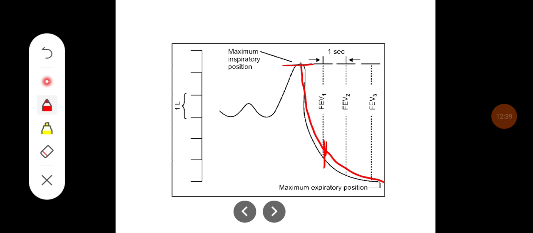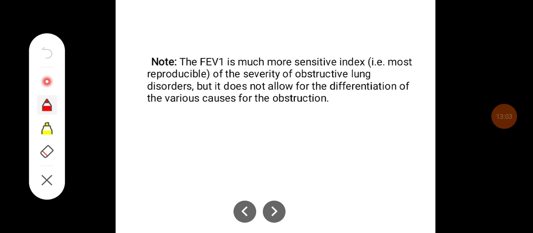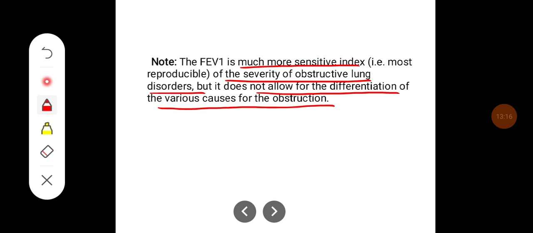Almost more than 80% of the air is expelled in the first second, 95% of the FVC is expelled in the second second, and almost 99% of the FVC is expelled in the third second. Note that FEV1 is a much more sensitive index of severity of obstructive lung disorders, but it does not allow for the differentiation of the various causes of the obstruction.